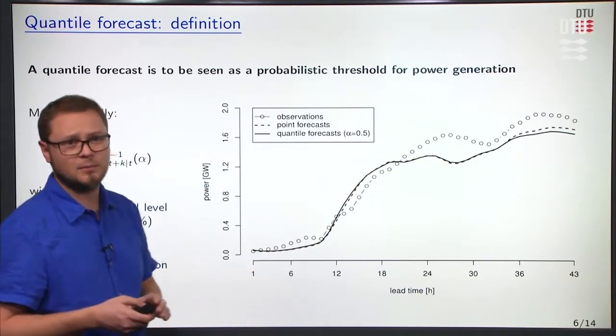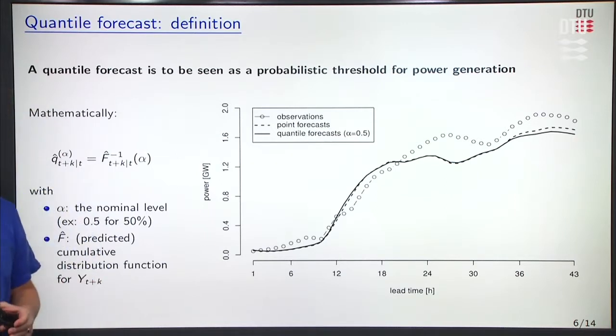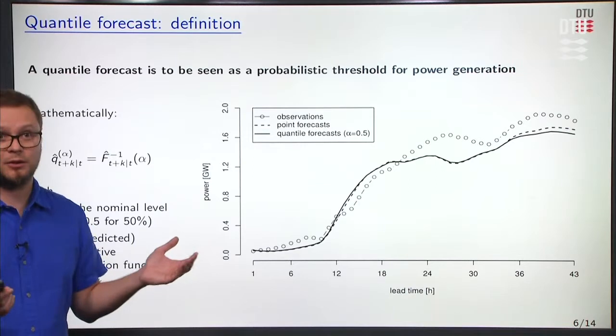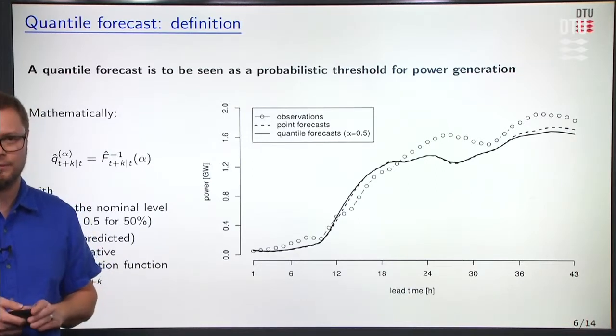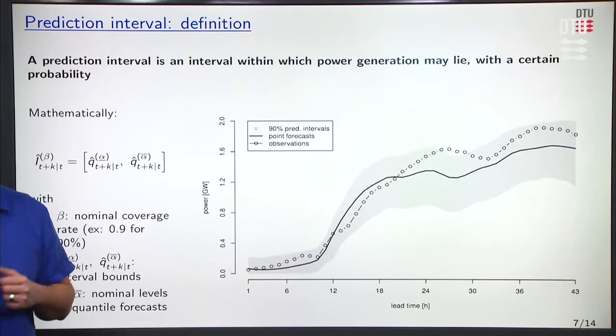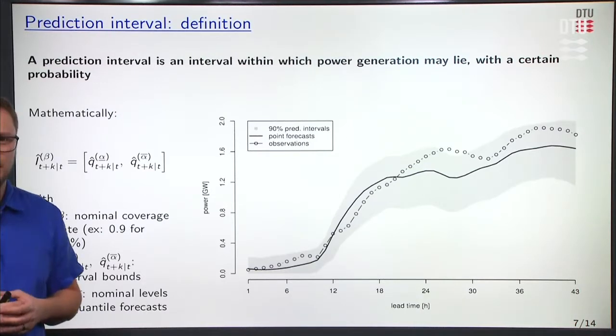Both of them don't seem really informative: the average of what could happen, and now a 50% chance of being below and 50% of being above. But actually, if you were to define several quantile forecasts that will define the bounds of an interval, then you could get very interesting information about the future renewable power generation.